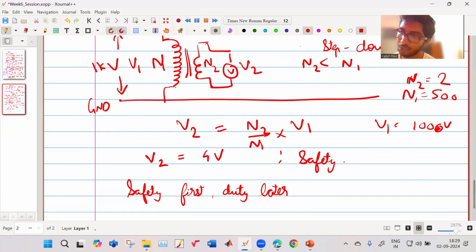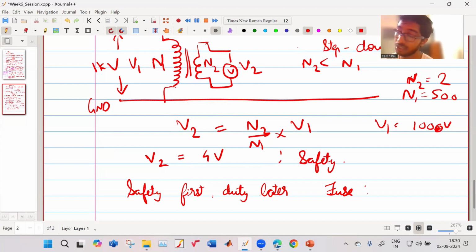Because life is very important and you have to be very safe while doing these experiments. You should always have a fuse connected, and you must know what is on, what is off, which supply you must turn on first. All these things you must do so that the current which you flow is not too high.